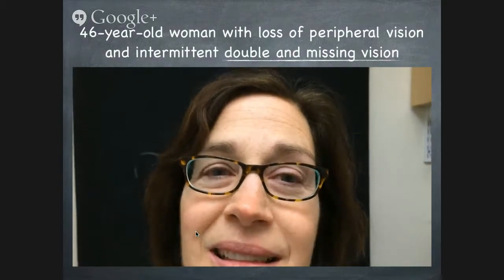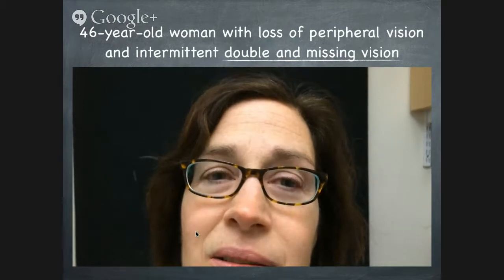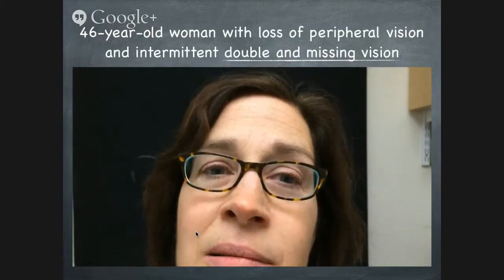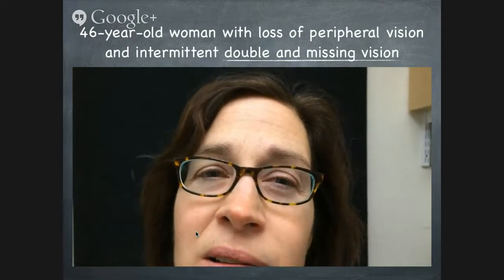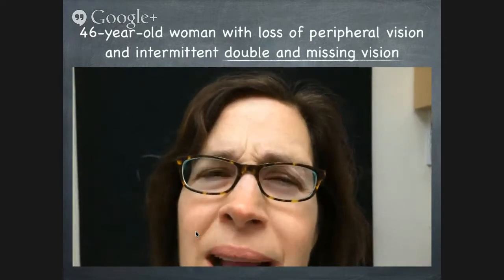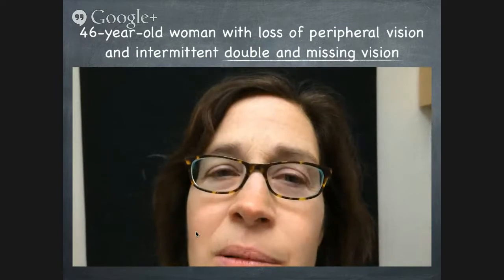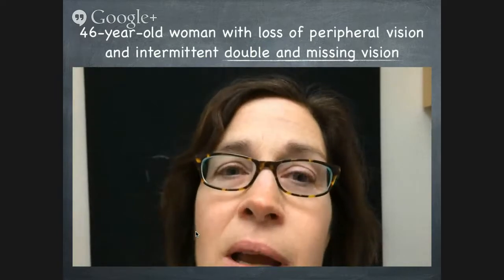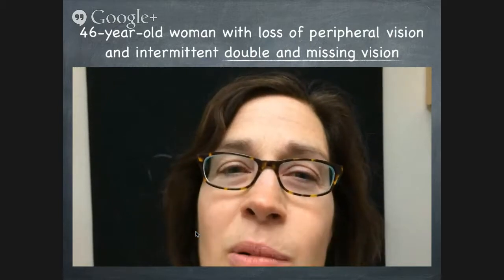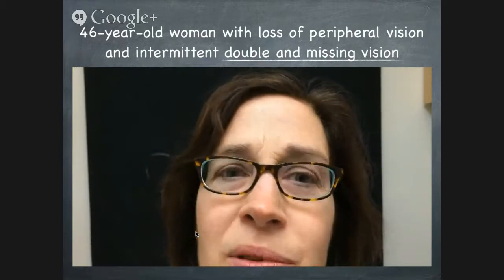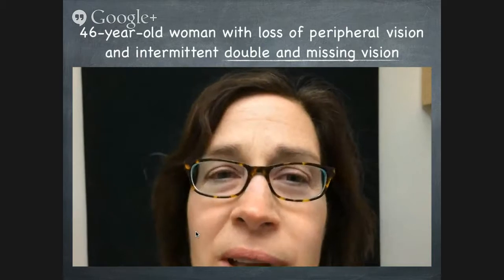Okay, try to describe the scenarios in which you notice some trouble with your vision. So when I was walking over to my dog's bowl, I got confused for a couple of minutes because it looked like there were two instead of one. And then when I'm unloading the dishwasher, I would think I grabbed 3 forks and it was only 2.